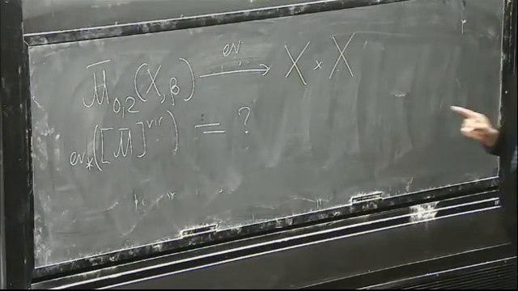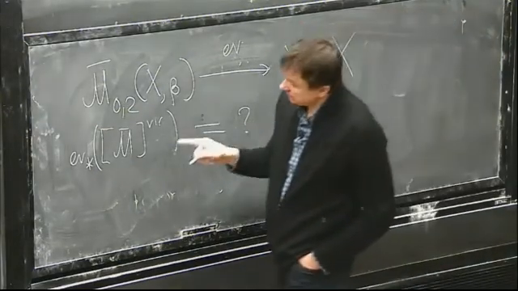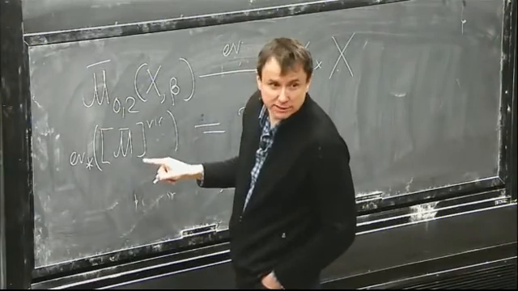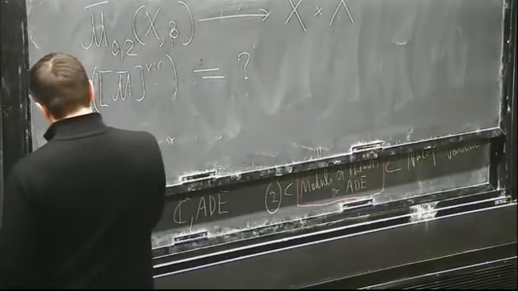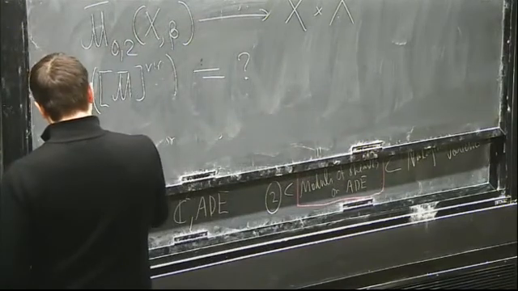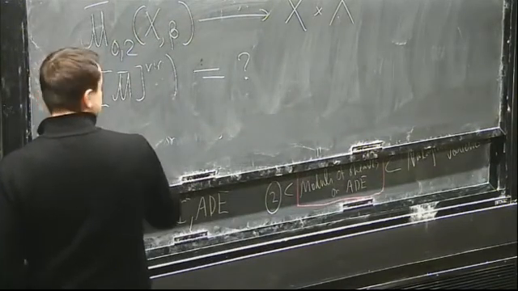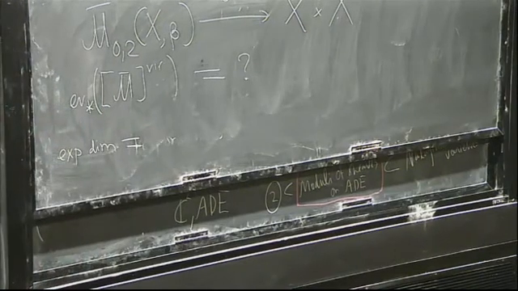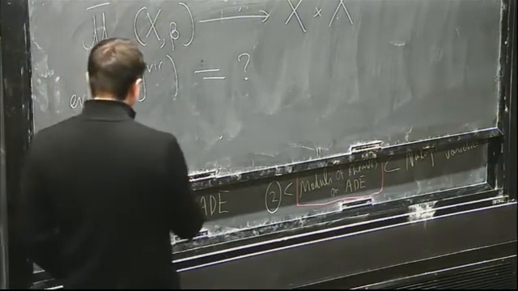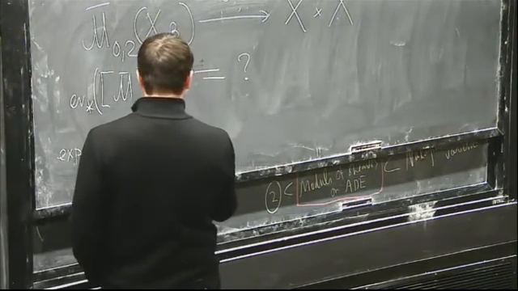So the first question is, what's the dimension of this object here? So the dimension is the expected dimension. And the formula already appeared. The answer is, well, you start with 3g minus 3.